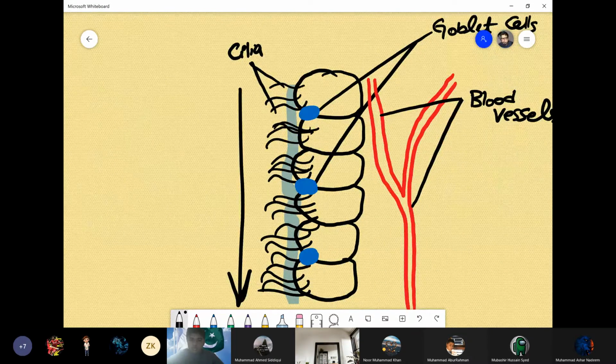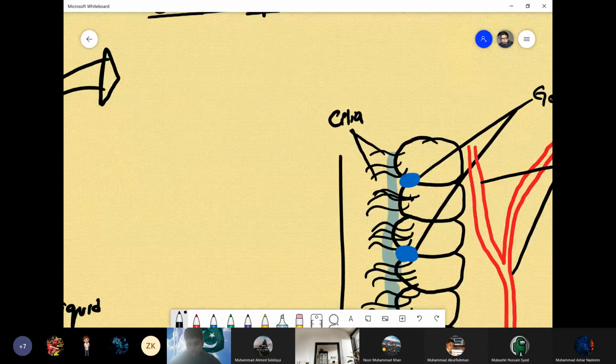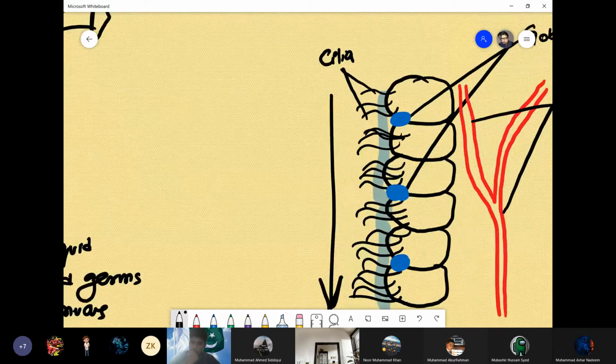Second point was the moistening of the air, or adding water vapors into the air. Now, as I just told you, the mucus is a liquid, so it means that the mucus contains water in it.